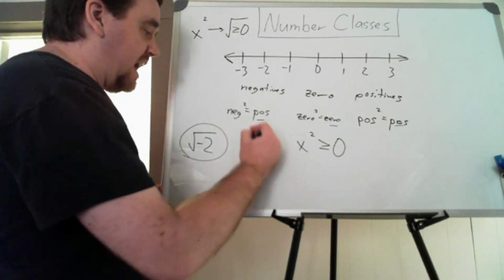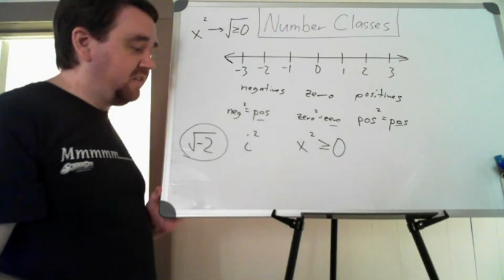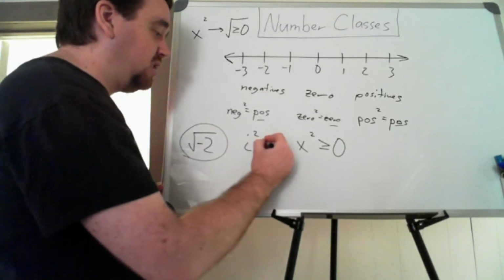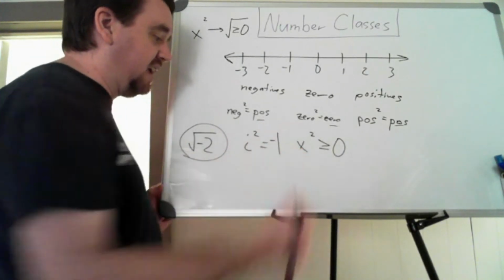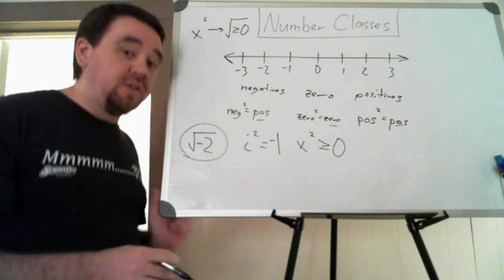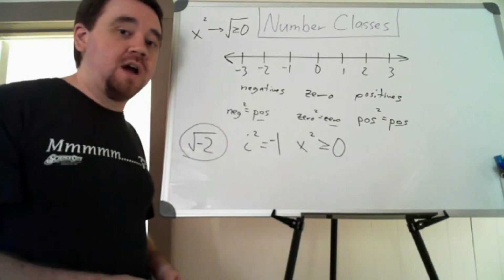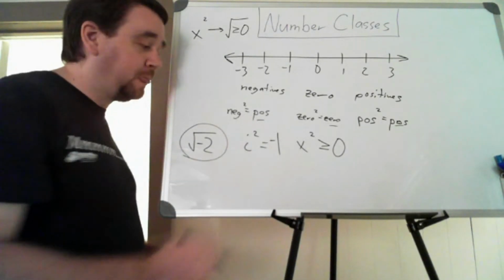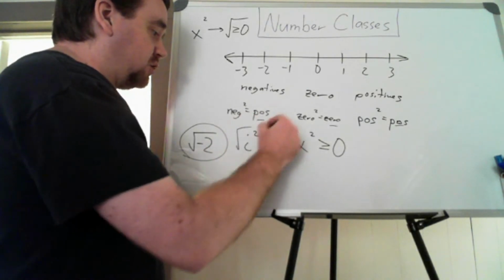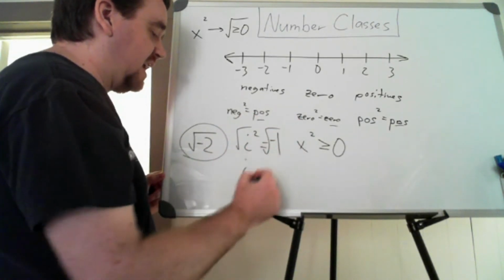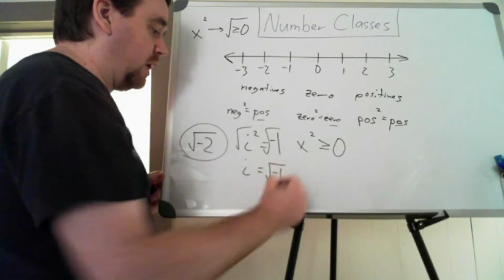Let's call it i. And we define this as to say, if I square this imaginary unit I get the answer negative 1. There is some fake number out there that I can square to get negative 1, which means if I take the square root of both sides, then I get i must equal the square root of negative 1.